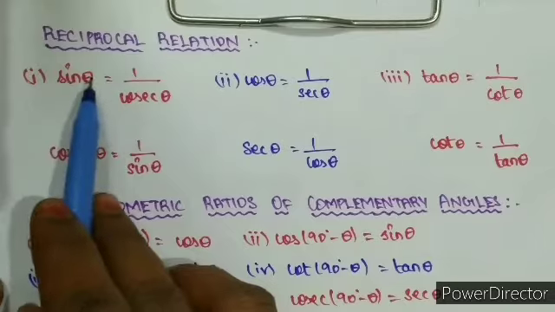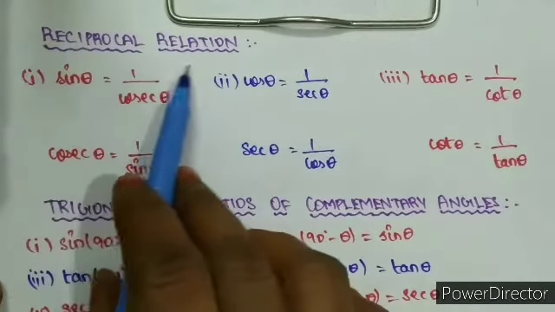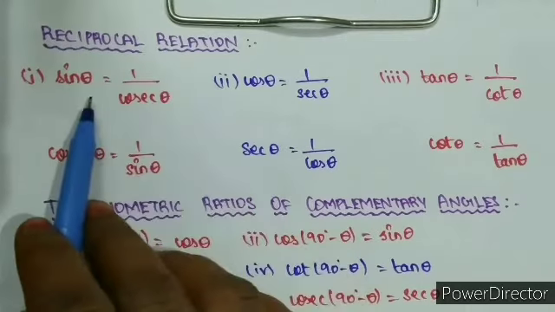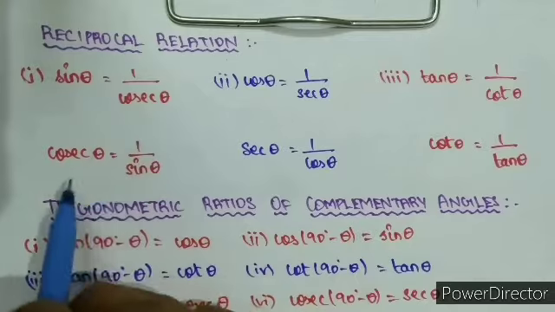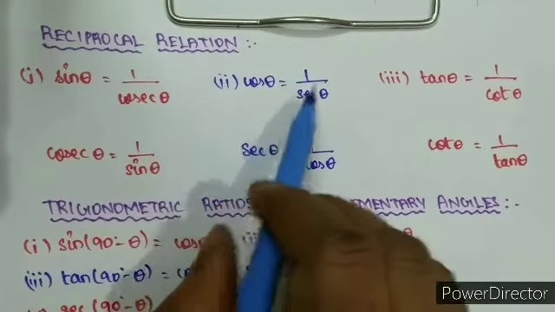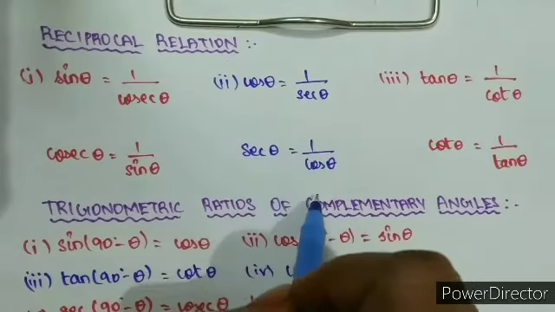Now, let's see some relationships among the trigonometric ratios. The first one is the reciprocal relation. We have just seen it. Sin theta is 1 by cosecant theta and cosecant theta is 1 by sin theta. Similarly, cos theta is equal to 1 by secant theta and secant theta is equal to 1 by cos theta.